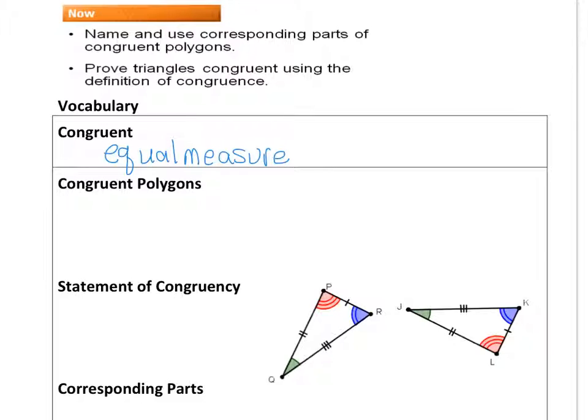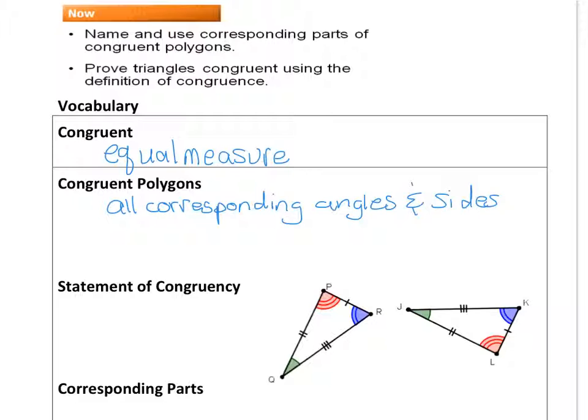Okay, so congruent polygons: all corresponding angles and sides are congruent. I'm going to abbreviate. So, statement of congruency. Well, let's take a look at what I mean by corresponding.